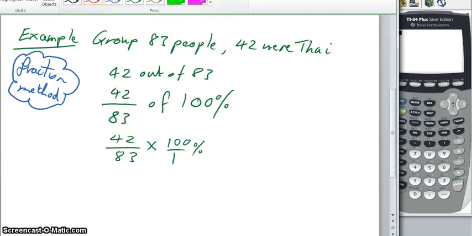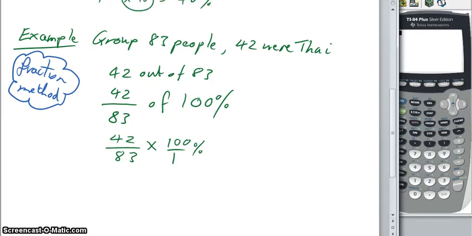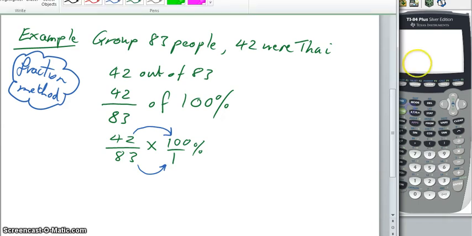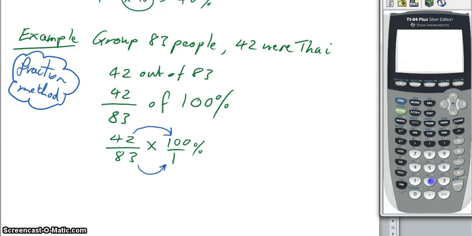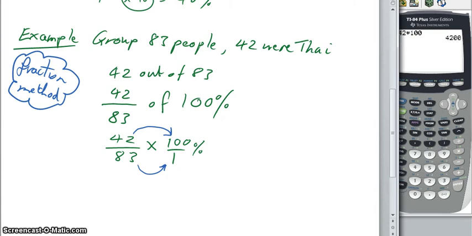Using what you know about fractions, when you're multiplying fractions, you multiply the tops and you multiply the bottoms. So using our calculator, 42 times 100, not that you need a calculator for that, is 4200.